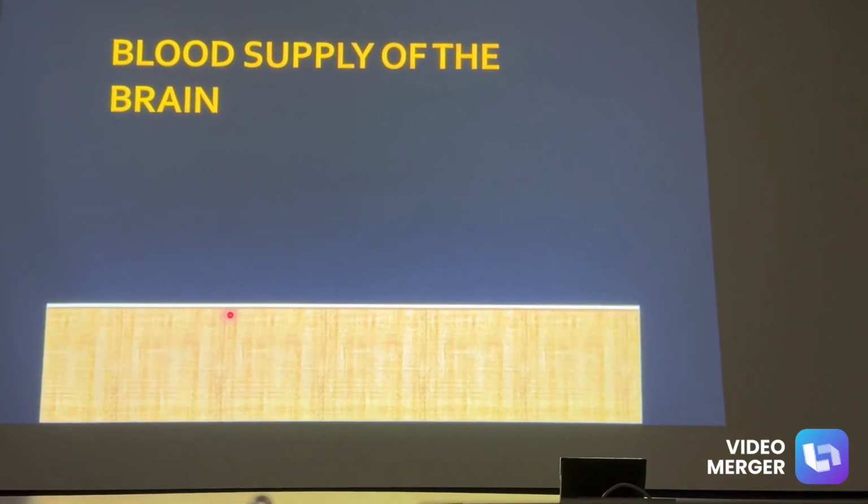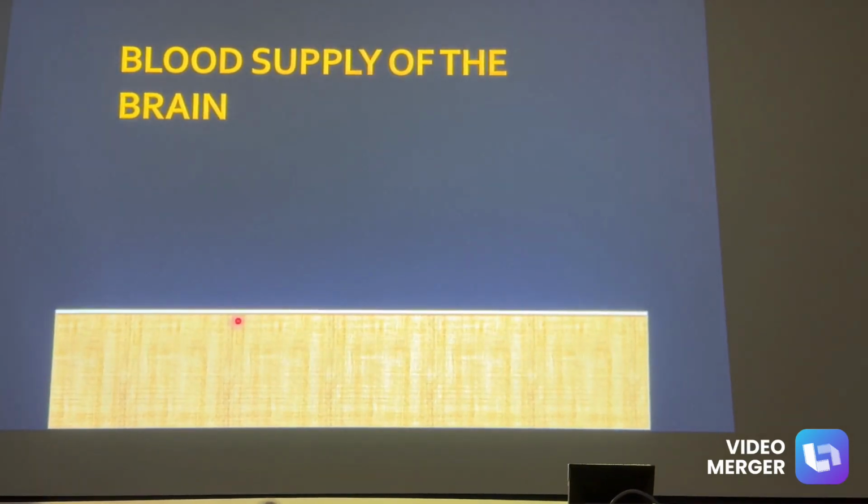My audience, today we'll continue another talk about the brain anatomy, and it covers mainly the blood supply of the brain, including the arterial supply and venous drainage.